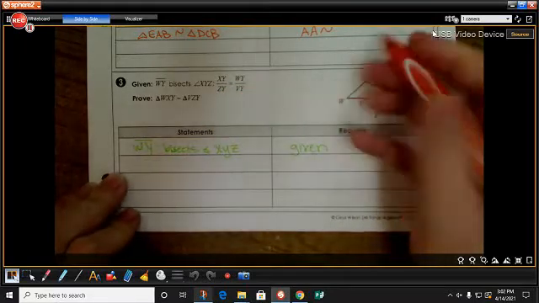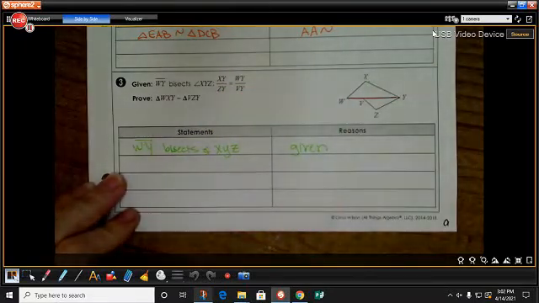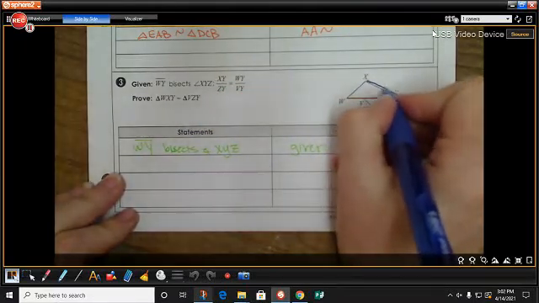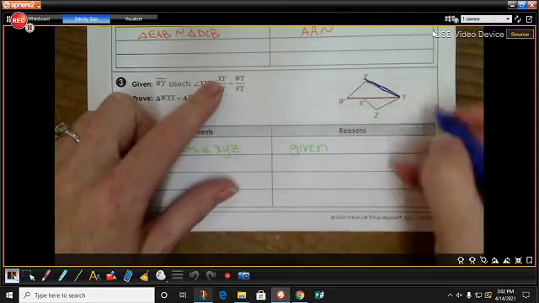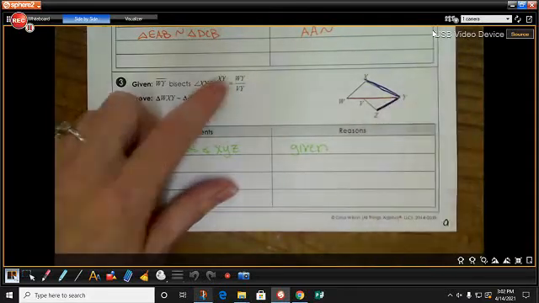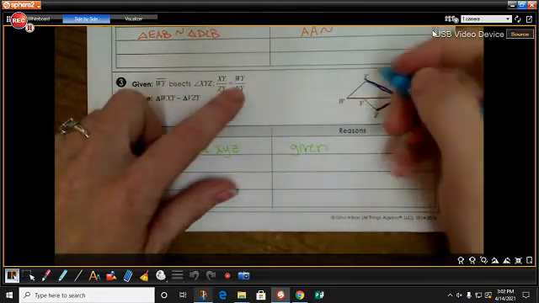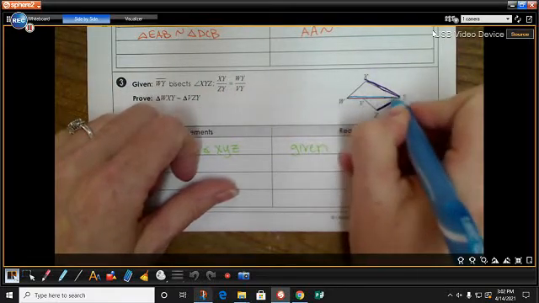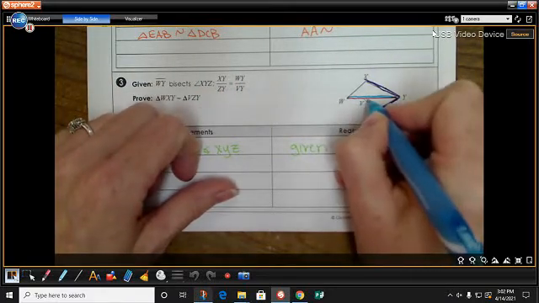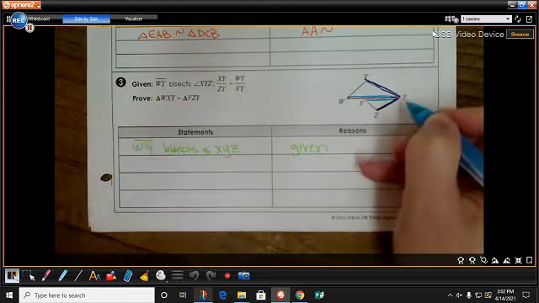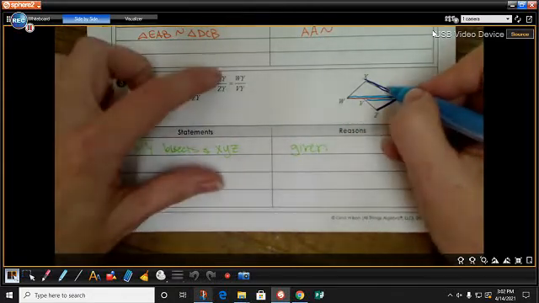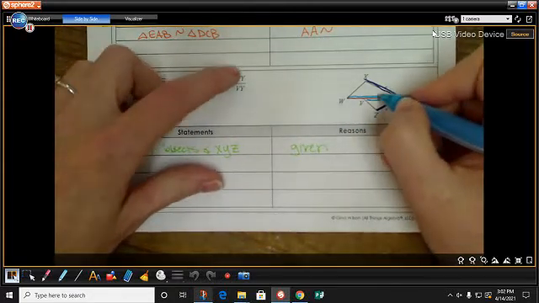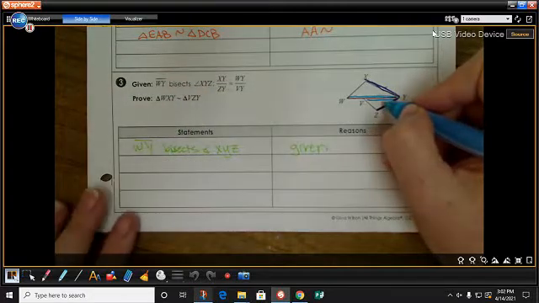I also have that XY, I better get a different color there, XY is to ZY, and that's equal to WY, so this top big one, compared to the one below it. So notice I have big to small equals big to small.